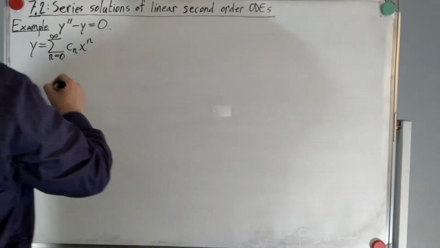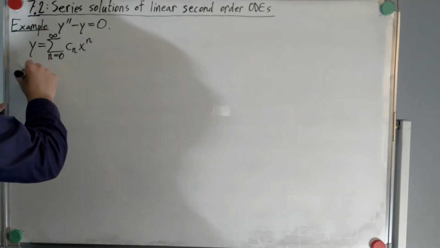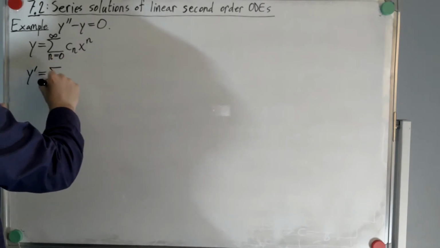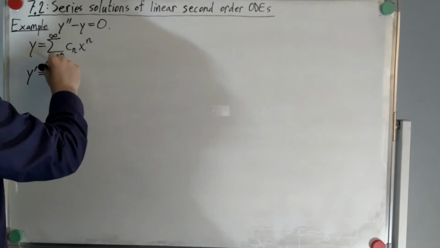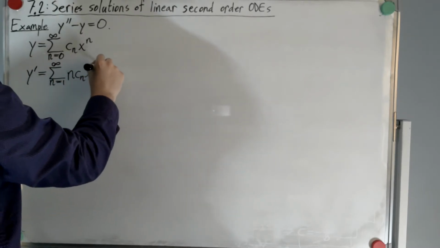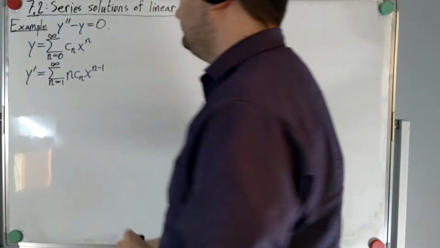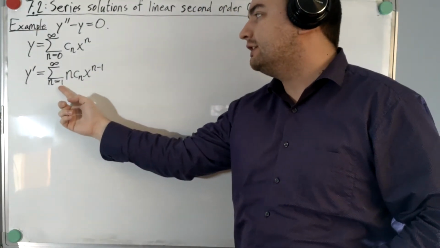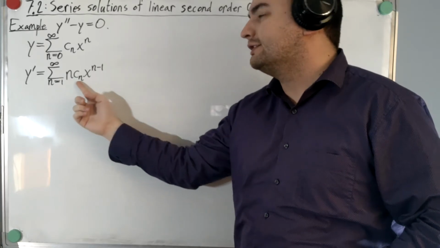Okay, then we'll need two derivatives of that. The first derivative is going to be sum from n equals 1 to infinity, n Cn x to the n minus 1. By the way, the reason why it's n equals 1 to infinity now is because if n is 0, then this whole thing is just 0.